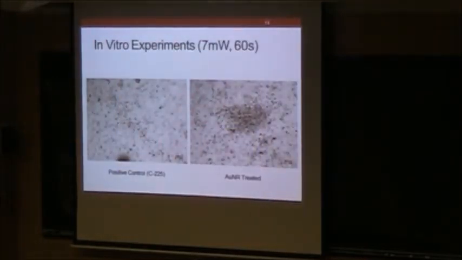And some of the in vitro experiments that we did, this is a gold nanorod treated, and this is the positive control. I had some problems processing this data because trypan blue is not definitive. Like live cells, there are also false positives as well. And plus, this was a black and white image.